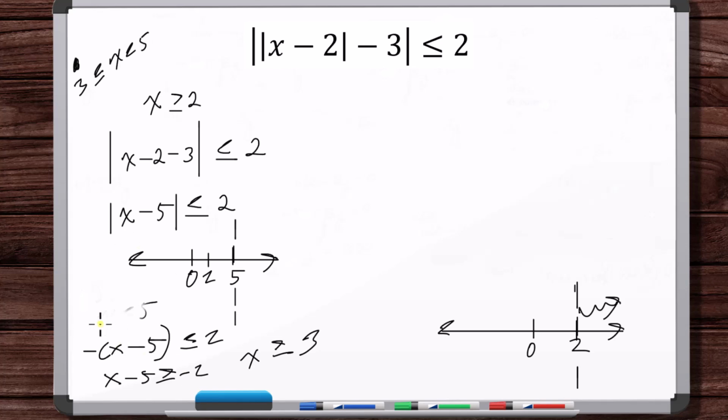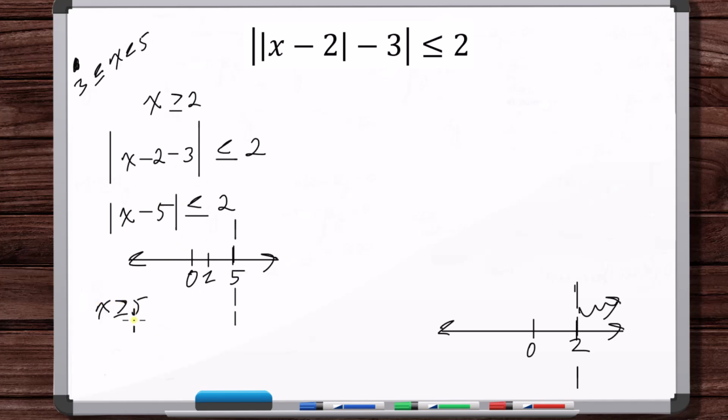But now we have to look at, so, okay, if we're greater than or equal to 5, so x minus 5 is going to be positive, add 5 to both sides. X is less than or equal to 7, so that's just going to be x is less than or equal to 7, greater than or equal to 5.